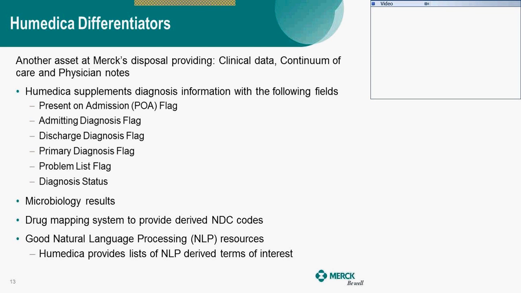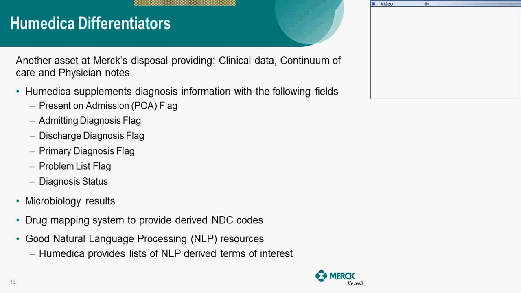Another thing they've improved in their data is microbiology results. This isn't common in the others. We do have the test, that the test was ordered, but the microbiology results in Humedica are superior to any of the EMRs we have.